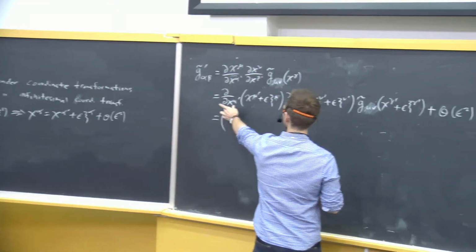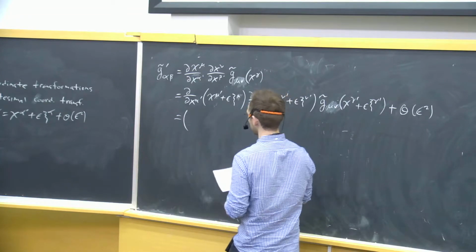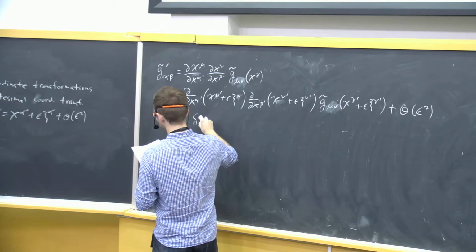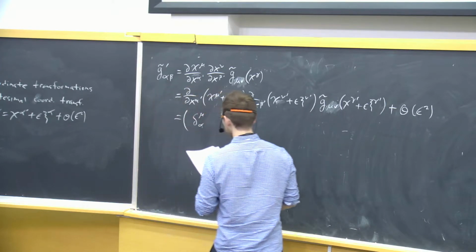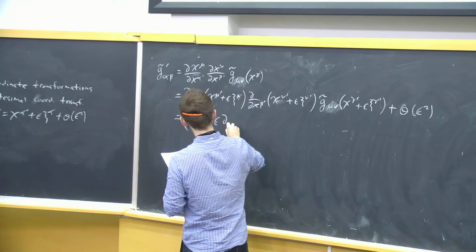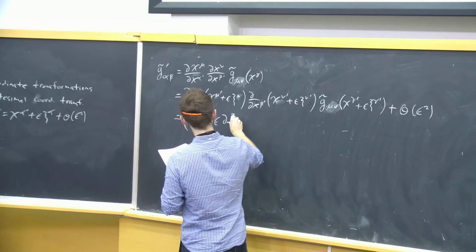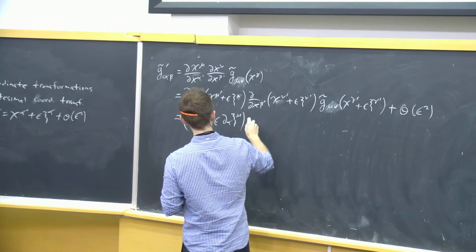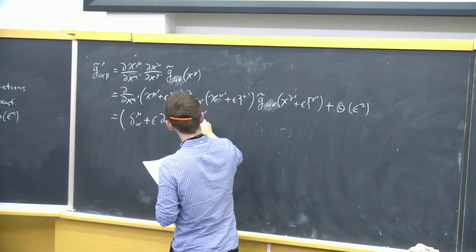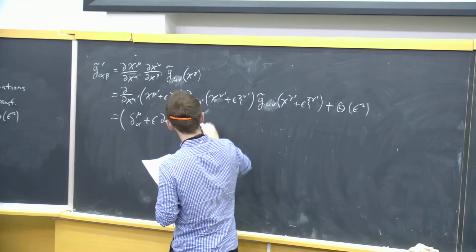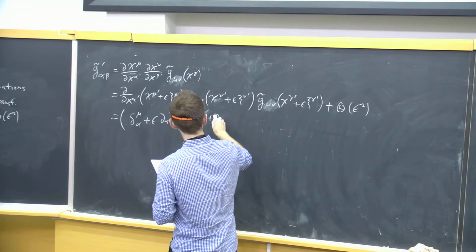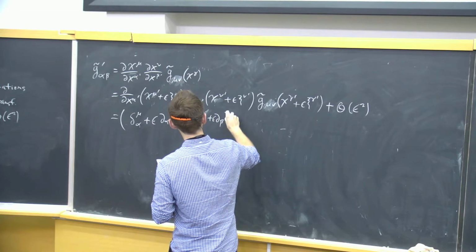So when this derivative acts on x mu prime, we just pick up a Kronecker delta, and then we have the derivative of xi mu, and then similarly here, we have a Kronecker delta plus the derivative of xi nu.